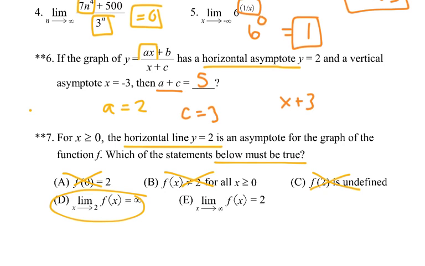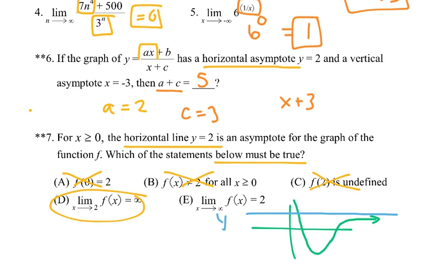That is what a horizontal asymptote would look like. Maybe we have some situation that looks like this, with a horizontal asymptote at y equals 2. As we approach infinity, f of x is approaching 2. So we can cross D out, and E is the correct answer.